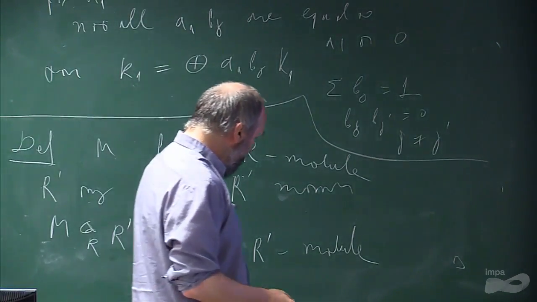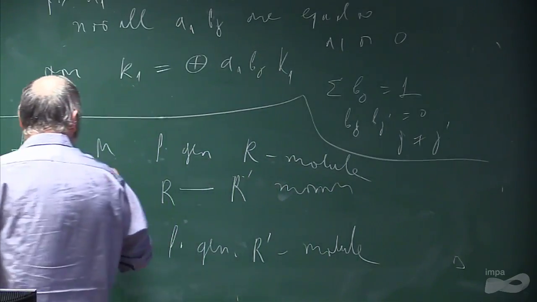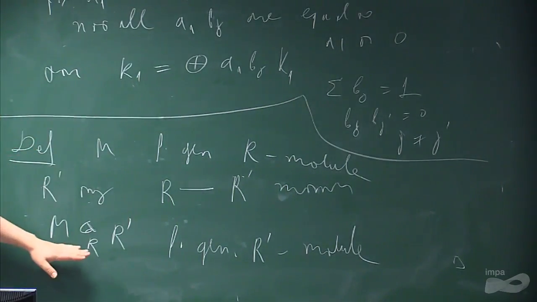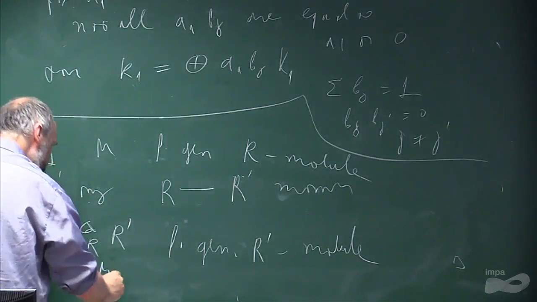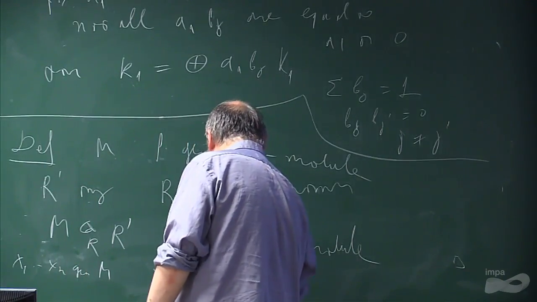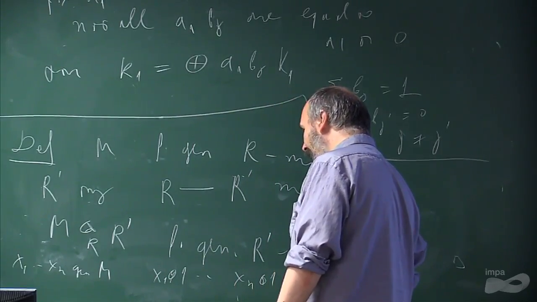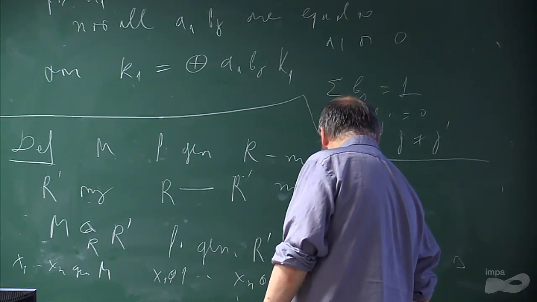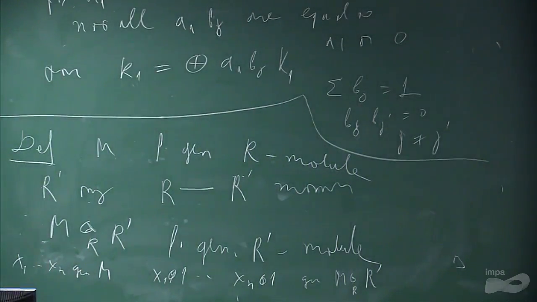And it's finitely generated because the generators of M you can just move to here. If x_1, ..., x_n generate M, then x_1 times 1, ..., x_n times 1 generate M tensor R'. This is trivial.